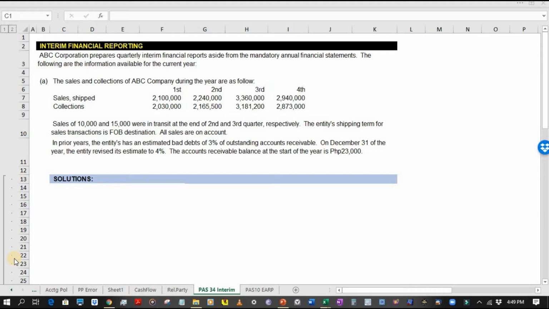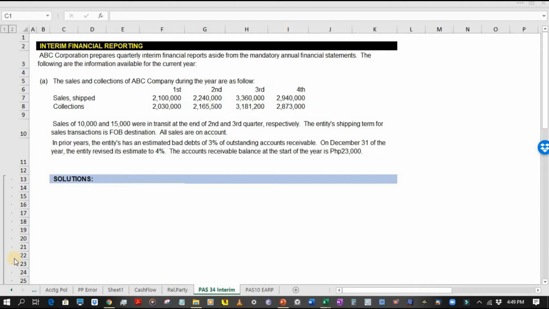All sales are on account. Based on the second sentence, the entity's shipping term for sales transactions is FOB destination. So it means that all sales transactions of ABC company should be recognized following the rules on FOB destination, which means that sales to be recorded by ABC company should be all sales that were already received by the buyer.